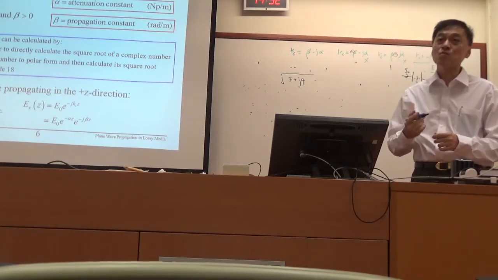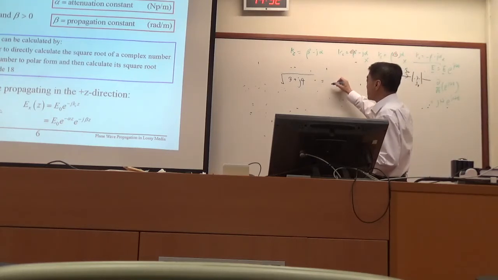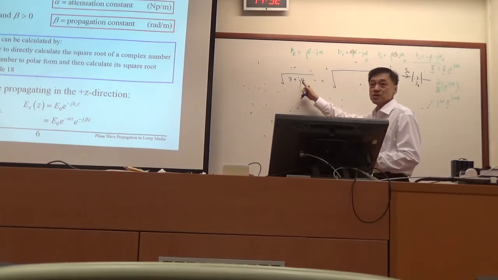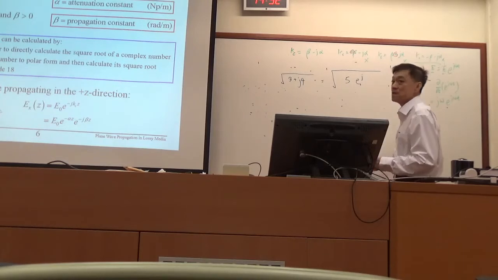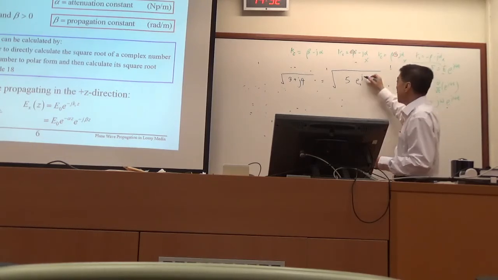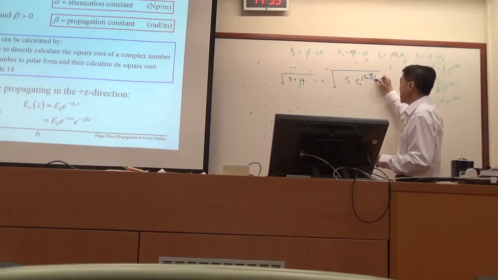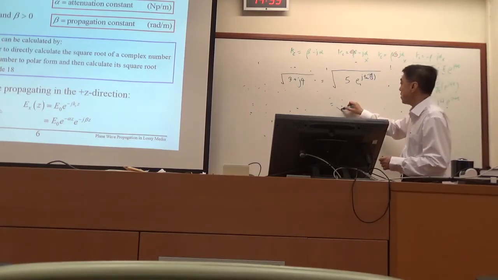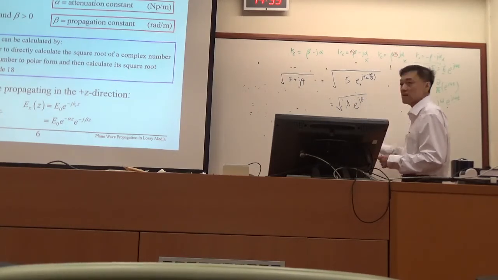Convert it into polar form first. We put the square root here. The magnitude of this is 3 squared plus 4 squared, the square root of which is equal to 5, right? Then e to the j arctan of 4 over 3. Am I correct? Now I call this A e to the j theta.